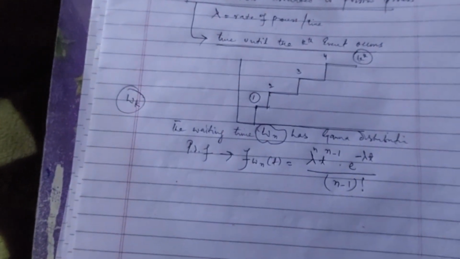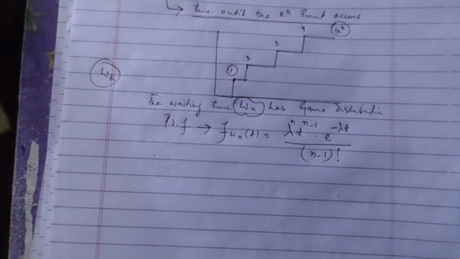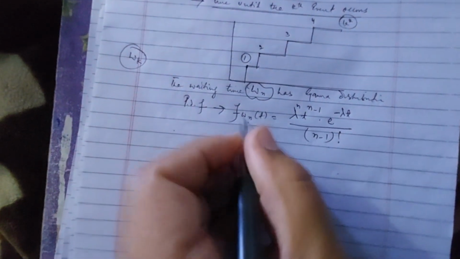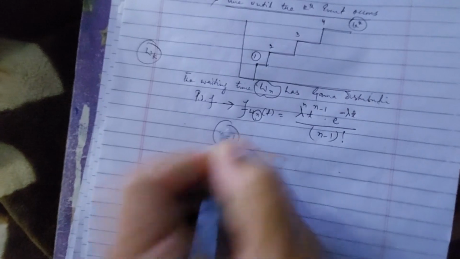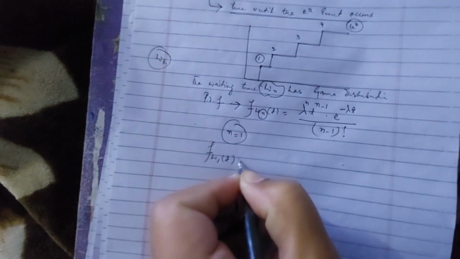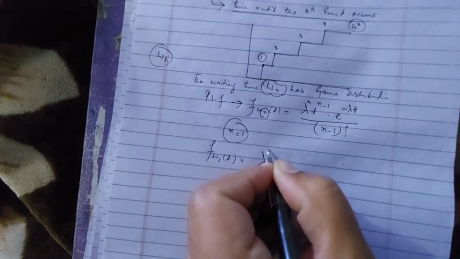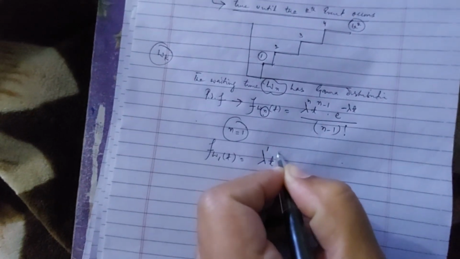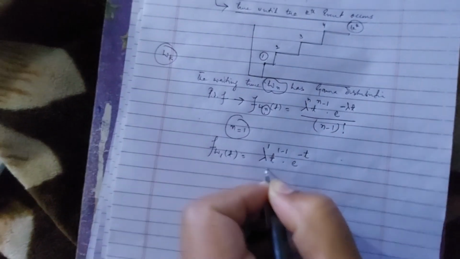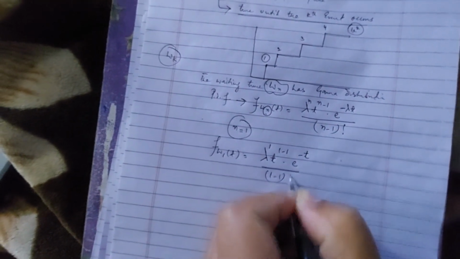So if we put the value of n equal to 1, for the first event only, as we said, the waiting time for the first event follows the exponential distribution. So we get f W1 of t is equal to lambda, t raised to the power 1 minus 1, e raised to the power minus lambda t, divided by 1 minus 1 factorial.